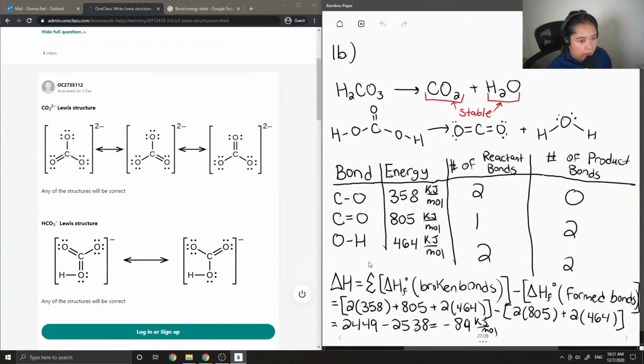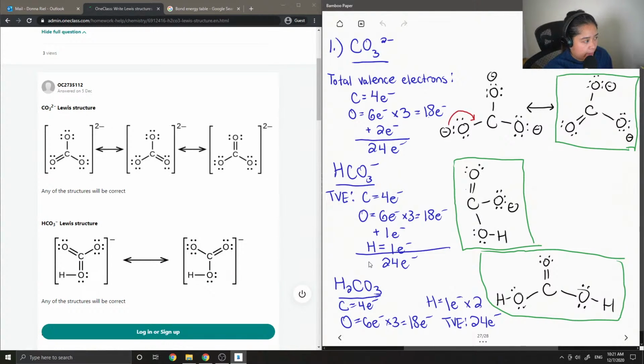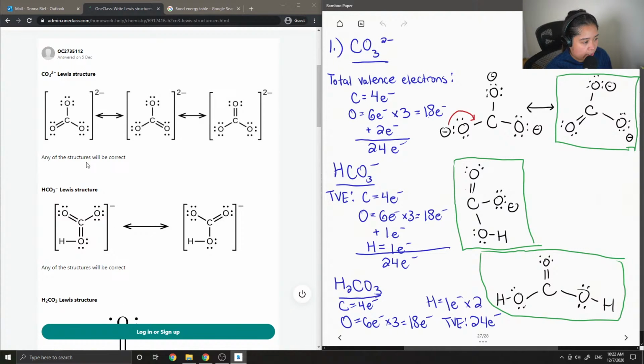Going back to my previous page, they have the different probable Lewis structures of the carbonate ion. Okay, so they have all of the different resonance structures. So all of these are correct. Mine is the most similar to the first one that they drew.